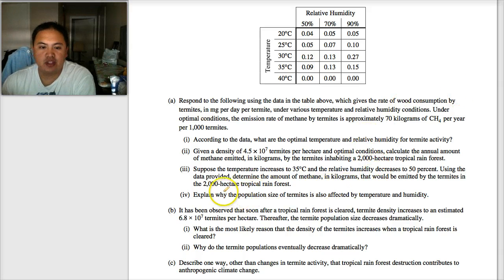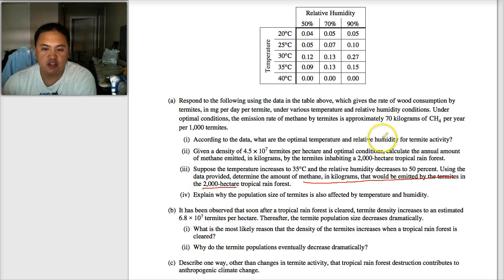First of all, it says it's a 2,000 hectare tropical rainforest. So they're giving us 2,000 hectares, and they want kilograms. Determine the amount of methane in kilograms that would be emitted by the termites.